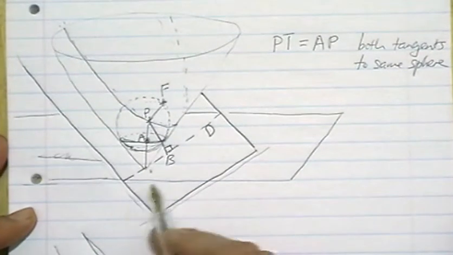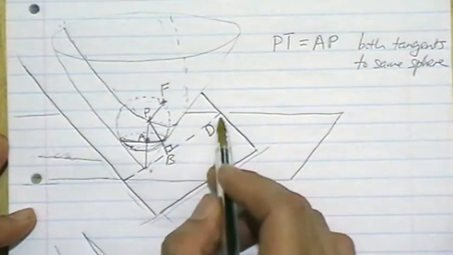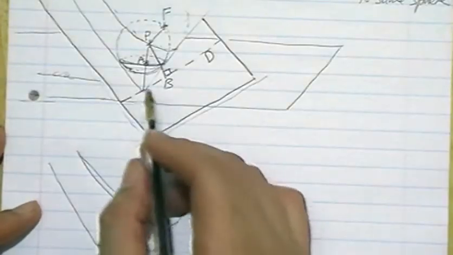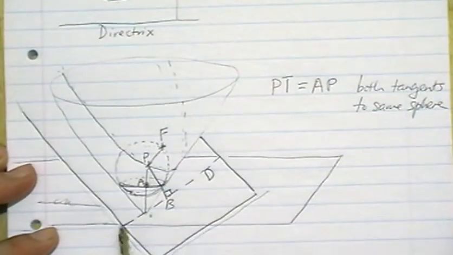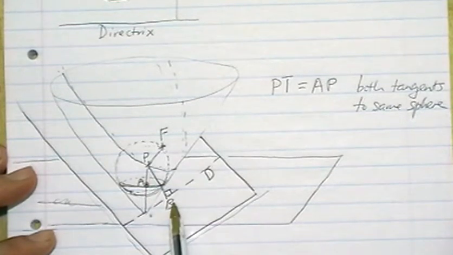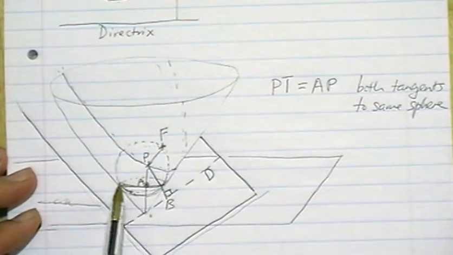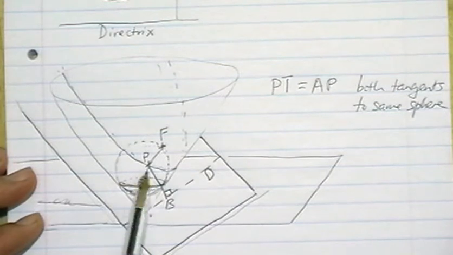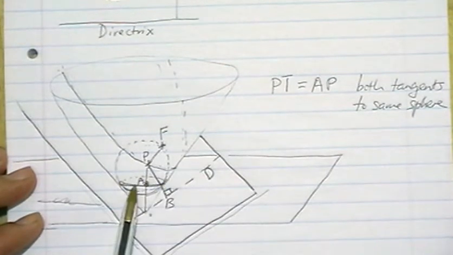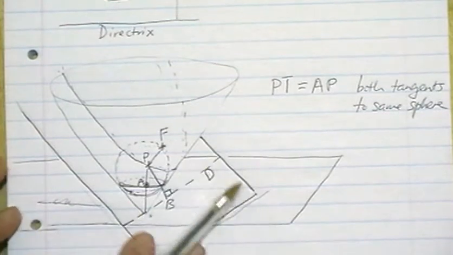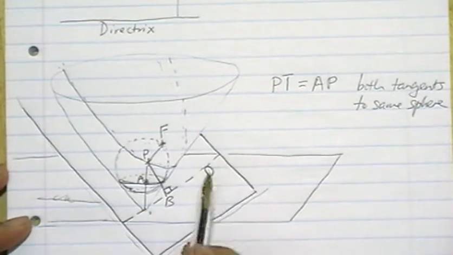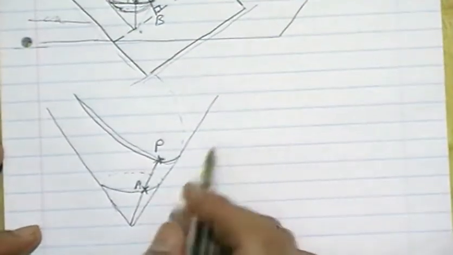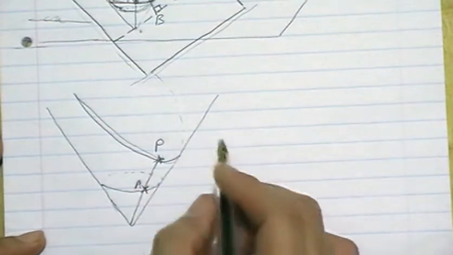Now I need this line D. And the line D lies on the same plane as the horizontal plane going through the circle containing A, and this slanted plane that cuts out the conic section. So D is the line of intersection, so it lies on both planes.